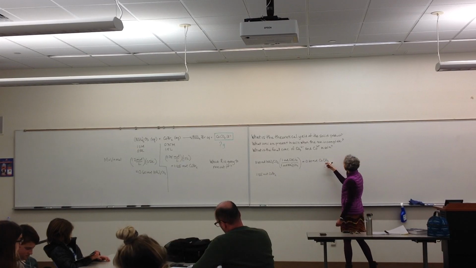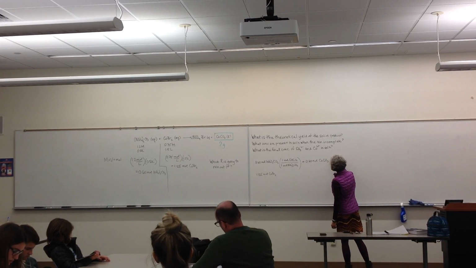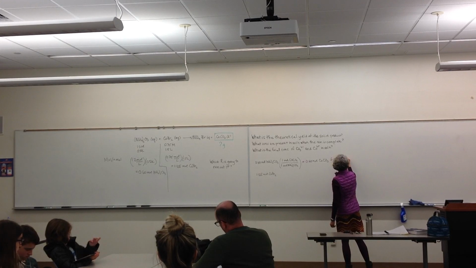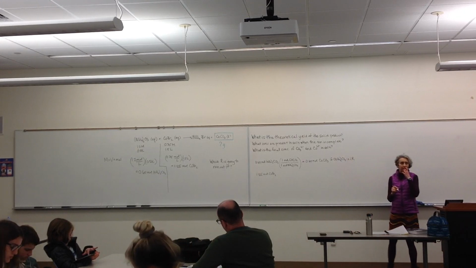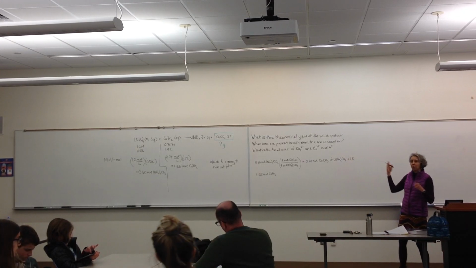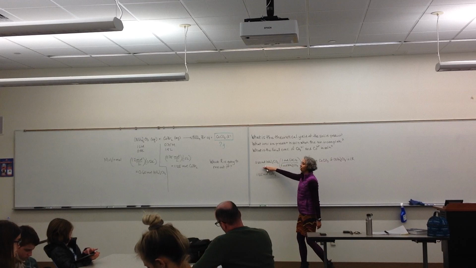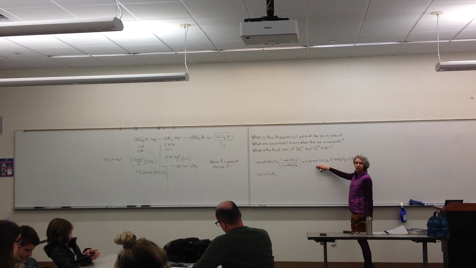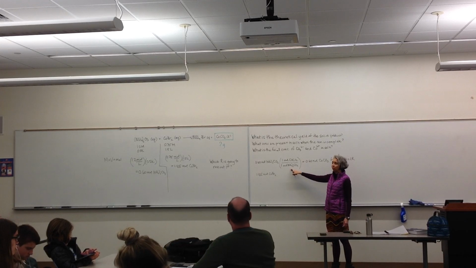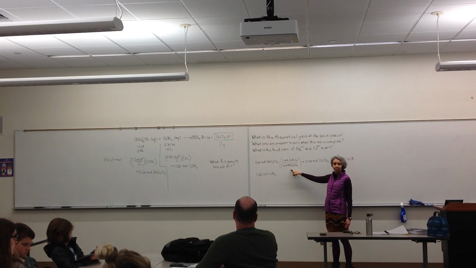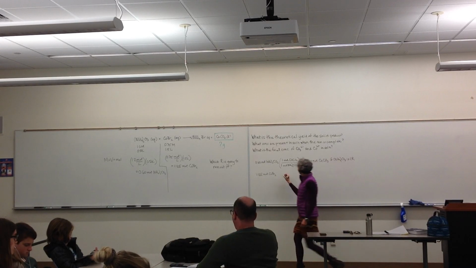So this is what I would get if (NH4)2CO3 is the limiting reagent. Right, so I'm doing the thought experiment to say, if I use all this up, this is what I can get. And as Kevin pointed out, I'm going to use the stoichiometric ratio in order to get there. So let's do the other one.